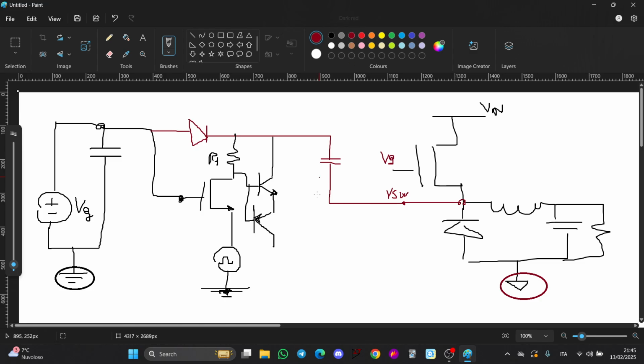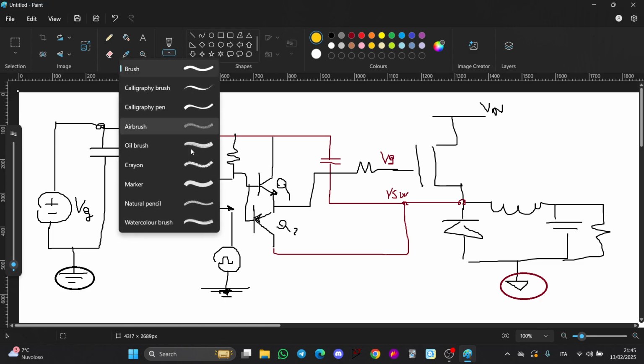This is connected to the switching node, like this, and the emitter of the NPN, Q1, Q2, is connected to the gate. Now here you can add resistors, diodes, whatever you want. In LTspice I can do that, but let's stick to the basic circuit to understand what is going on.